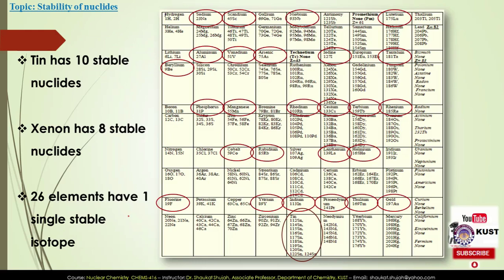The 274 stable nuclides are enlisted in this table, and the highest number of stable isotopes has been observed for tin. There are some elements which have only one stable isotope, and these elements are called monoisotopic elements.